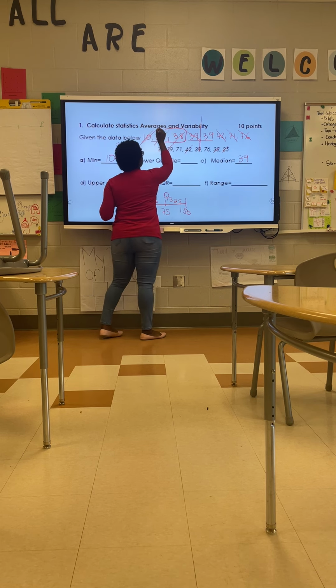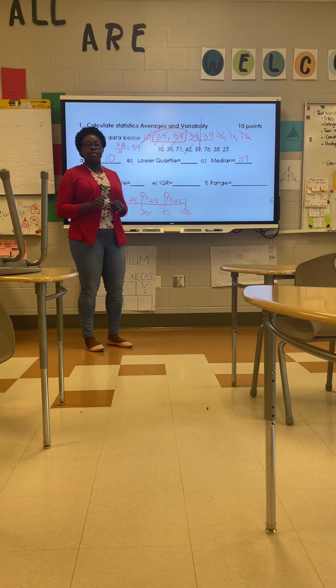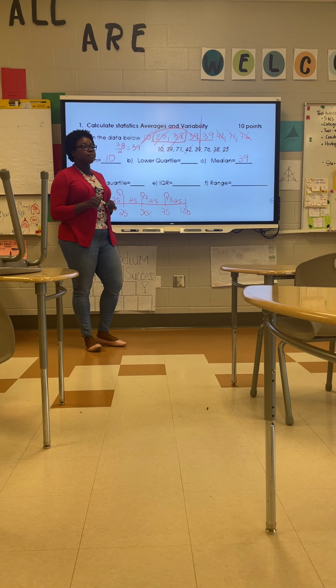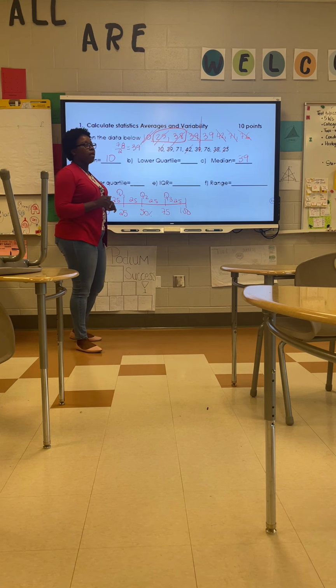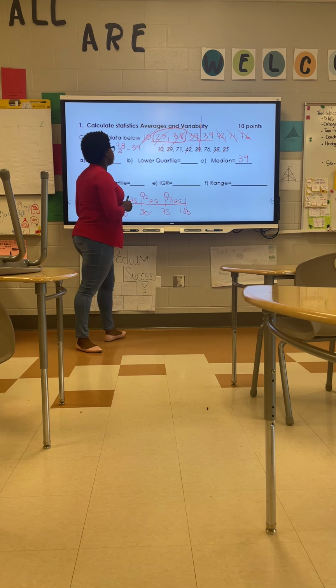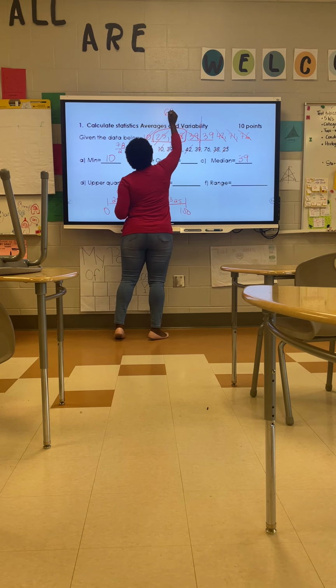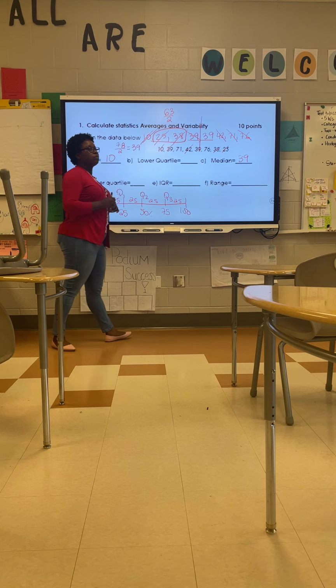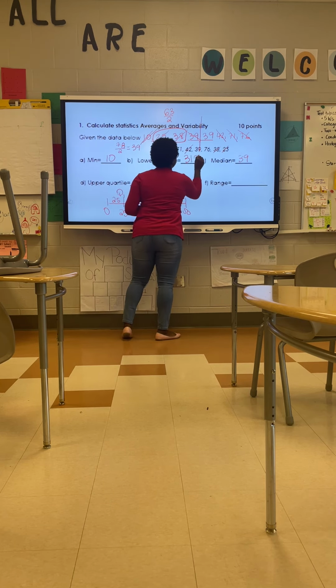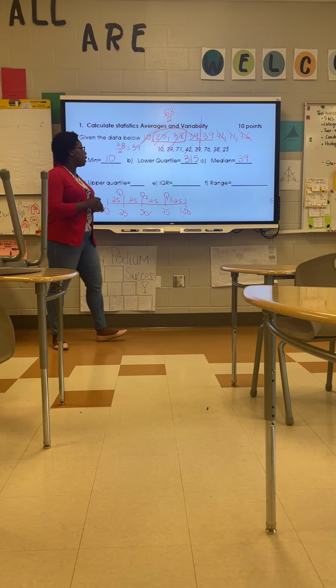In the middle, I have two numbers, 25 and 38. Can you find that for us? What's 25 plus 38? 63, and 63 divided by 2 is 31.5. So 31.5 is our lower quartile.